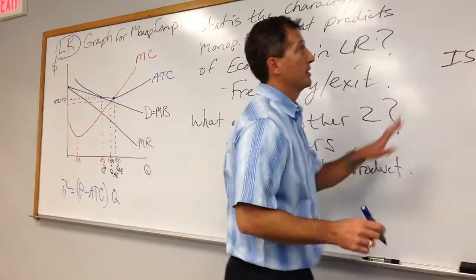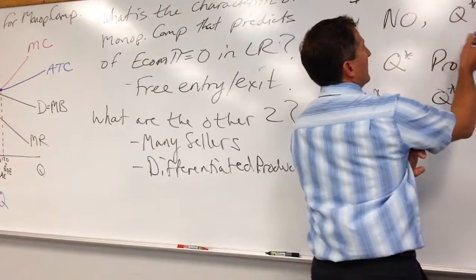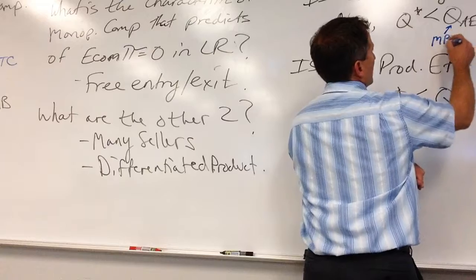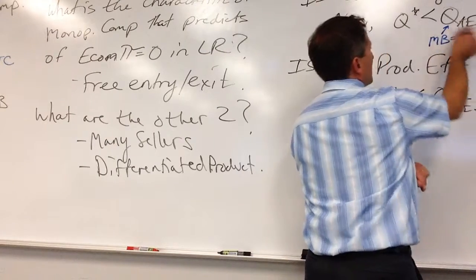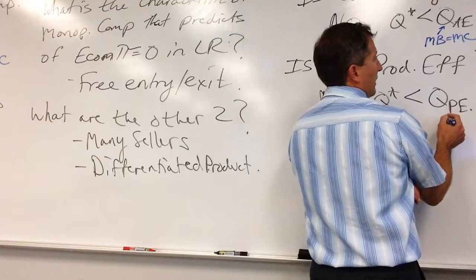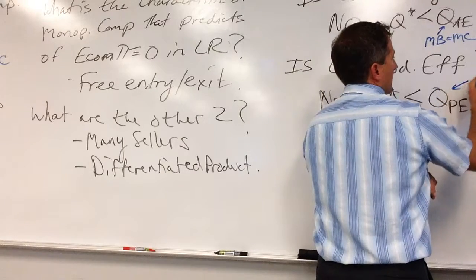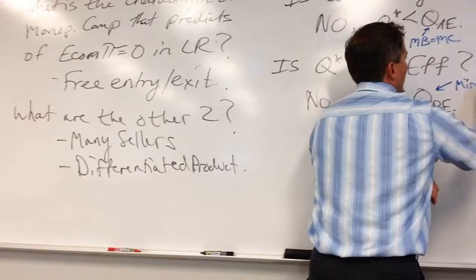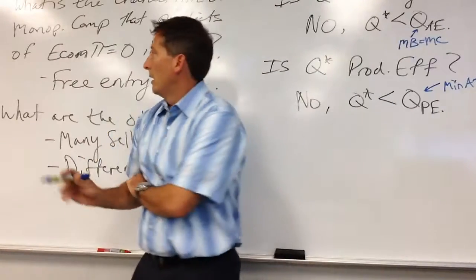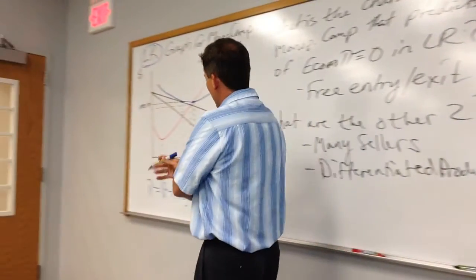You should have this in your notes from when we did Monopoly, but let me be careful here. Allocative efficiency, you should burn into your memories: marginal benefit equals marginal cost. And for productive efficiency, we need to be at the minimum of the average total cost curve. And we're not getting that here.